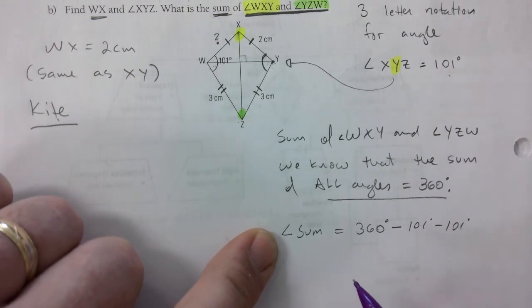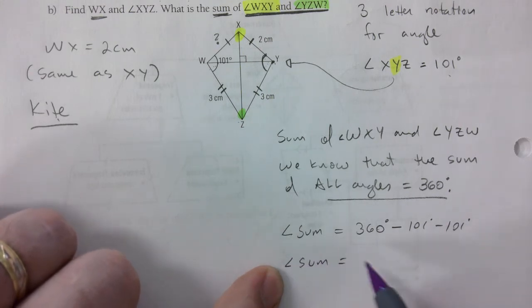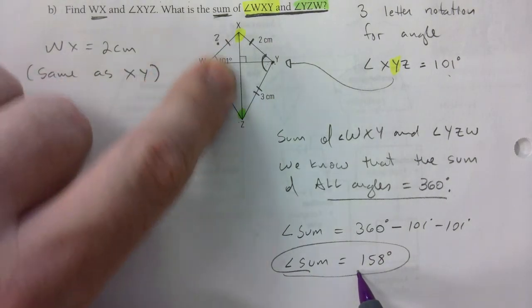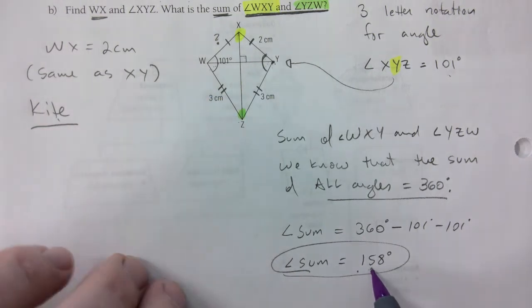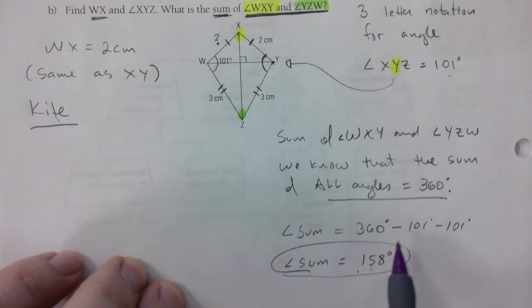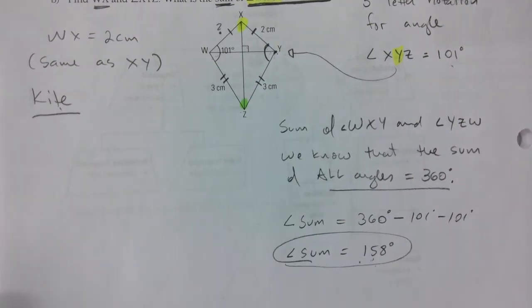And that sum is going to be 158 degrees. These two angles here would add up to 158, which is what's left over if you take away the 101 and the 101. We don't know what they each measure individually, but that's it.